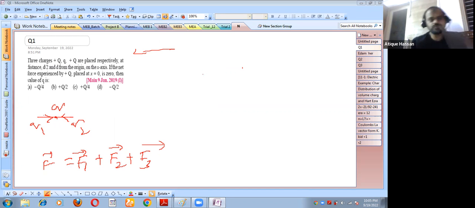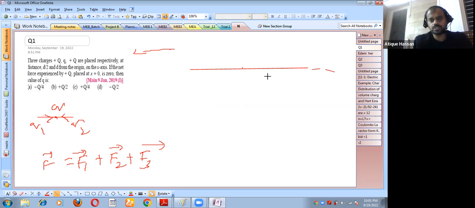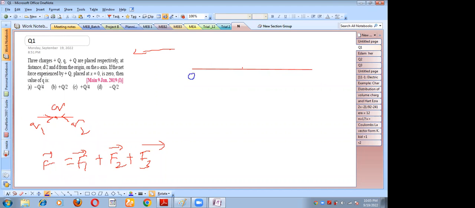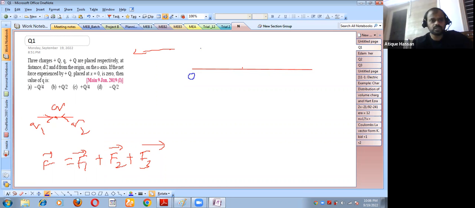According to the question, we have three charges plus q, q, and plus q, placed respectively at distances d by 2 and d from the origin on the x-axis.